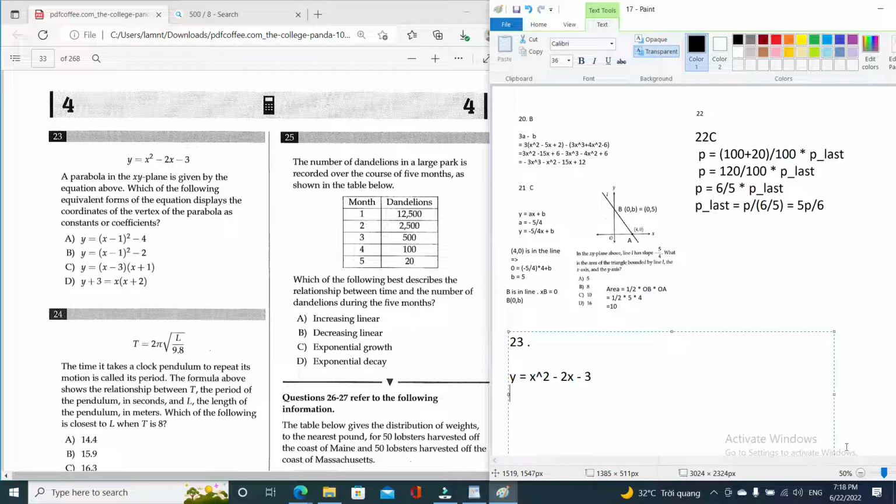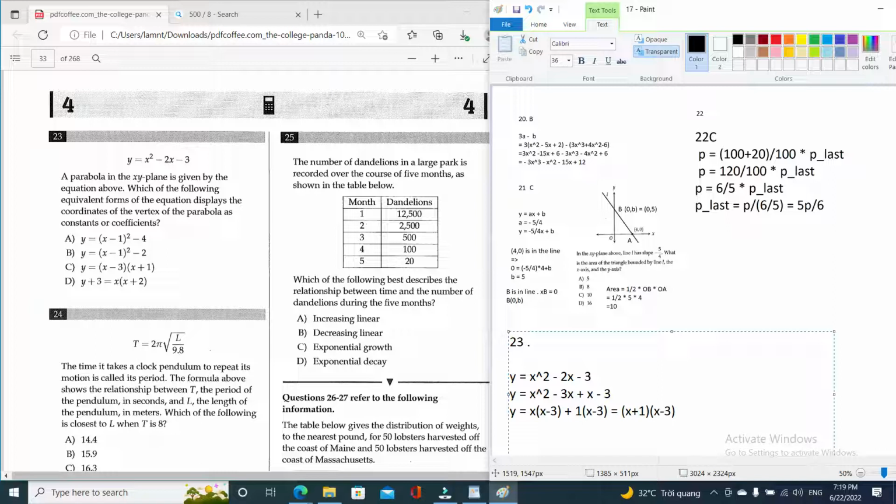So this is y equals x squared minus 3x plus x minus 3, so y equals x times (x minus 3) plus 1 times (x minus 3). So that's (x plus 1) times (x minus 3).